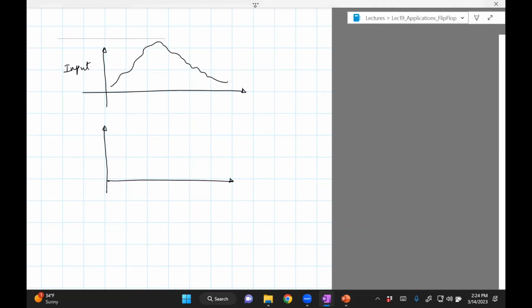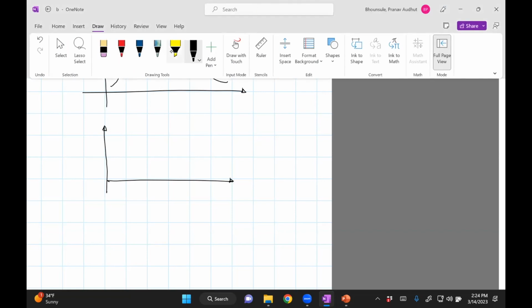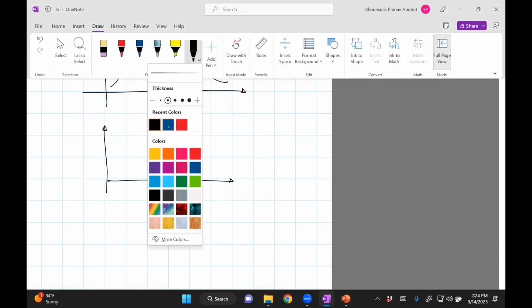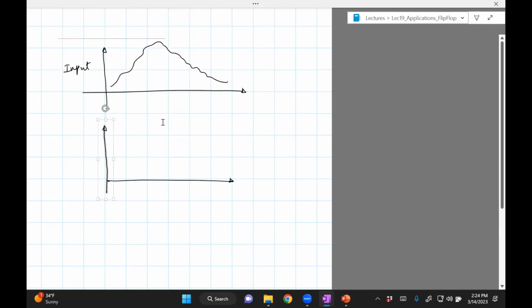Now the Schmitt trigger has two thresholds. There's a low threshold and a high threshold. Let's say this is the high threshold, and this is the low threshold.